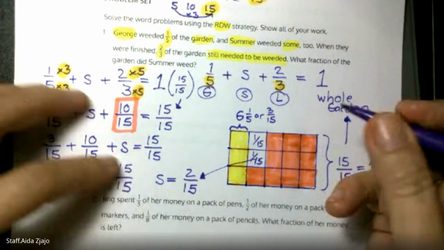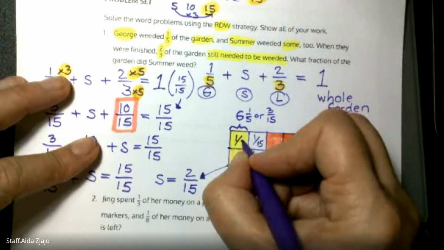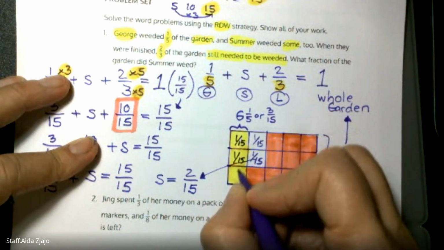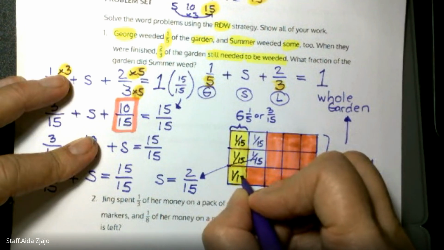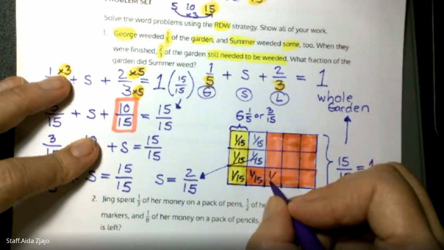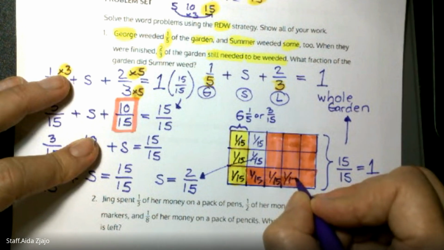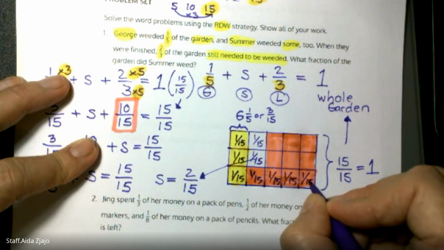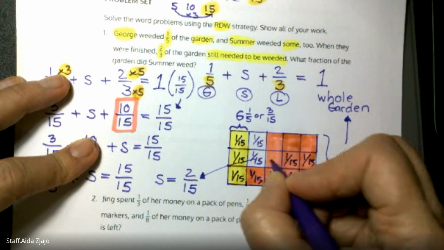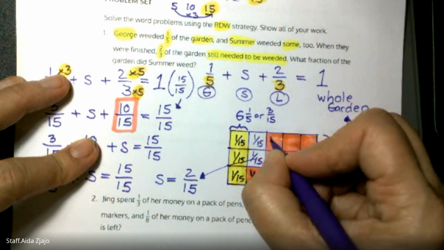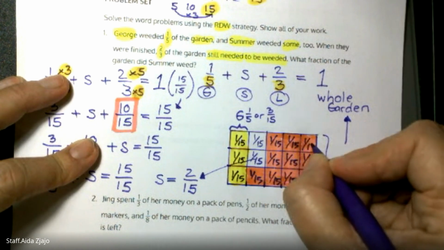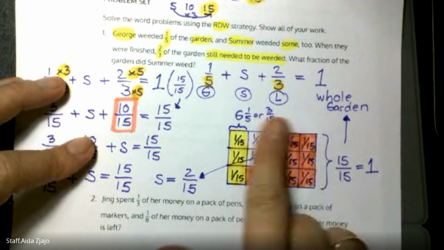We like to label all so we know this is George. 1/15, 2/15, 3/15, and then this is leftover. It's 10/15. But this is a whole garden.